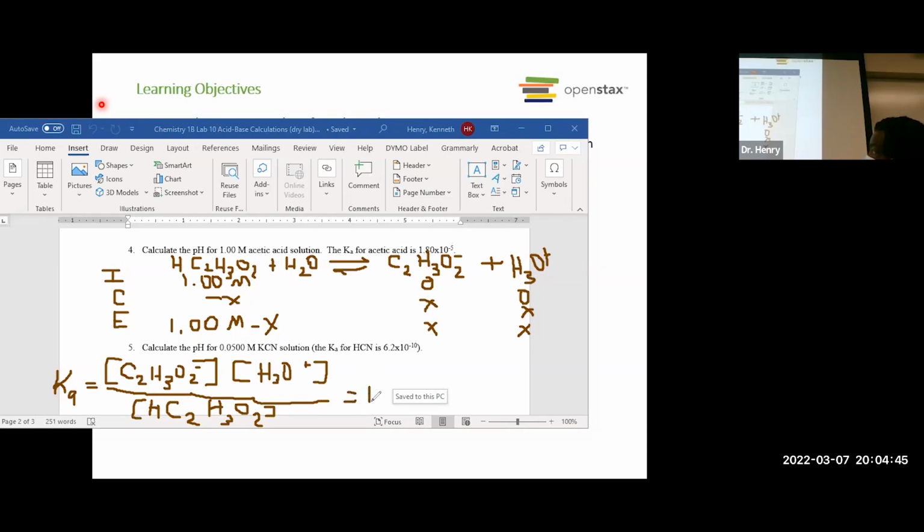That's going to equal 1.80 times 10 to the minus 5.